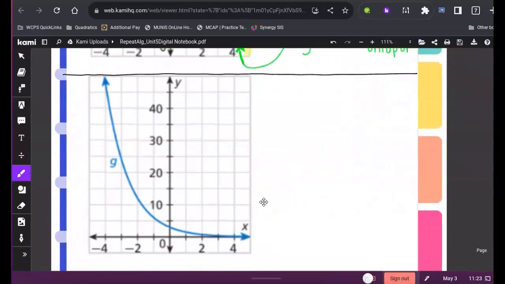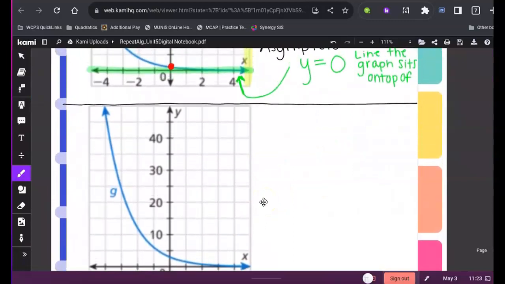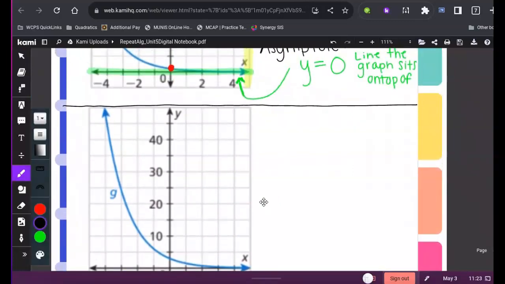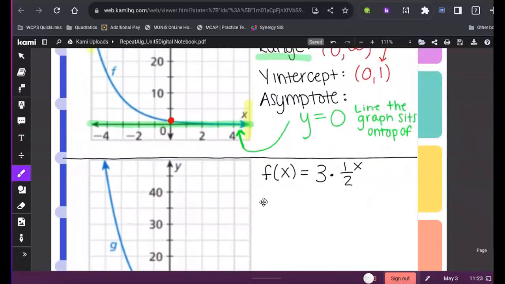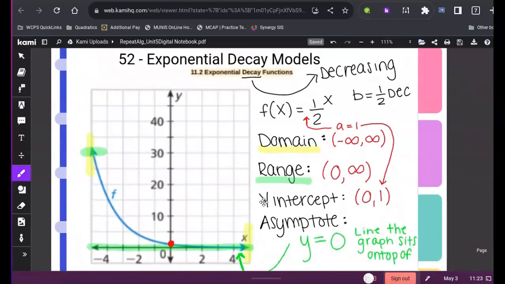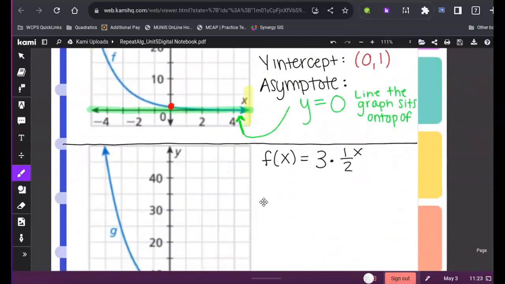Now let's look at the second one. So we've got another decay because it's going down. And the equation that we can use for this decay is f of x equals 3 times 1/2 to the x power. So a couple different things that we can identify here. So our b is also 1/2 for this equation.